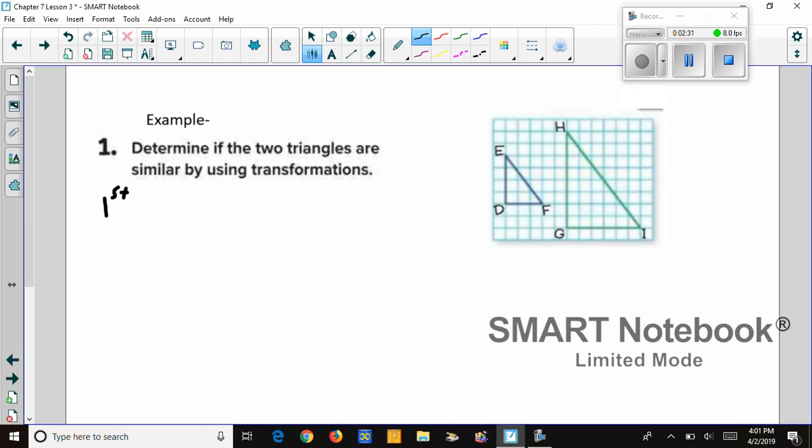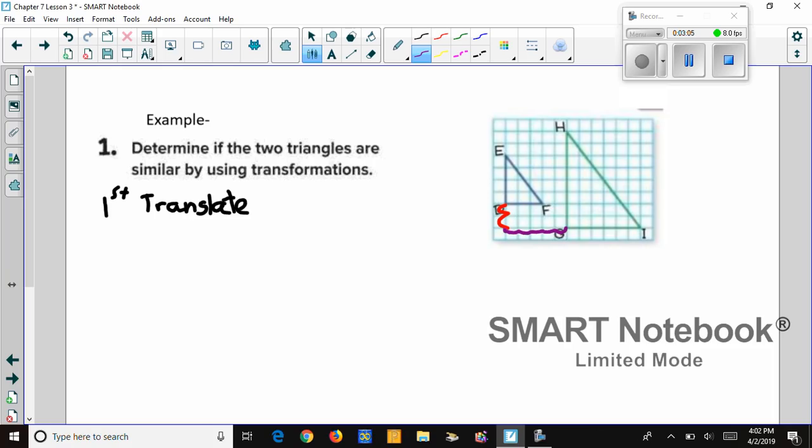So it's not a rotation, it is not a reflection. They are in different spots, so we must have had a translation. And let's talk about where it translated to. I'm going to go with the right angle here, and I'm going to notice that it went down 2 spaces. So translate, we have down 2 spaces and 1, 2, 3, 4, 5 spaces to the right.